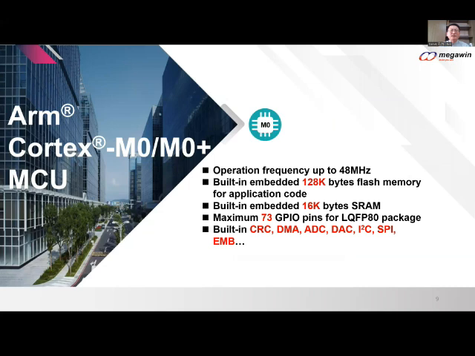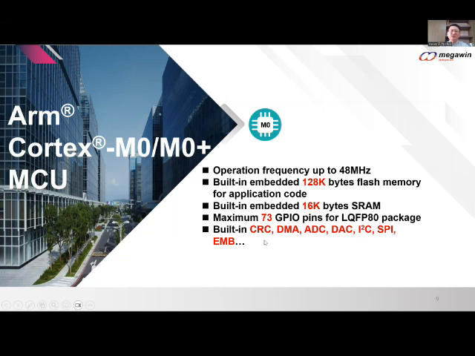So next one is our Cortex M0 Plus that comes with up to 48 megahertz CPU clock and built-in embedded 128 KB flash memory. The built-in SRAM will be 16K, and we also have the GPIO for the LQFP80 package.